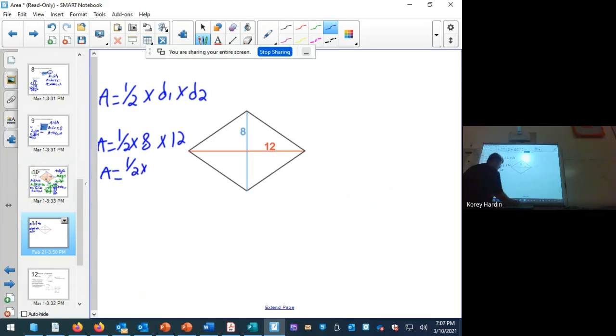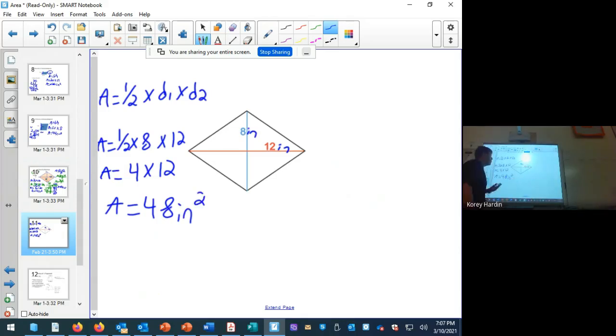Sorry, I read my phone right there. 1/2 times 8, half of 8 is 4. So 4 times 12, okay? A equals 48. And we'll say inches again because it's not labeled. So inches squared. Let's work it the other way now.